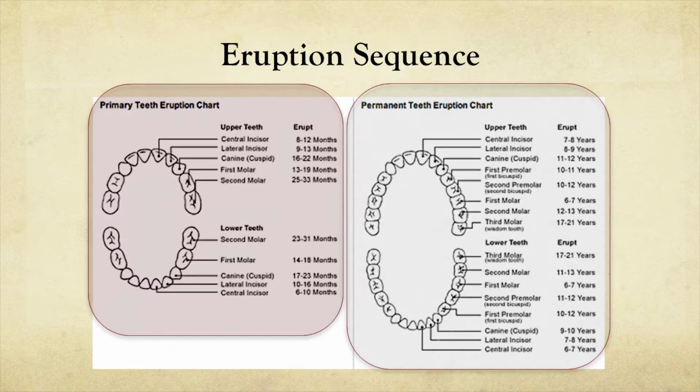So the idea behind this is, at any given age, it's good to know where and how these teeth are erupting and what to identify in the oral cavity when somebody presents to you.